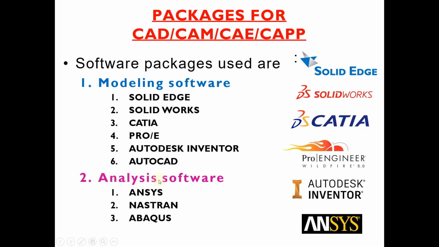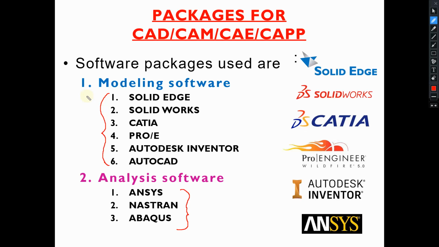Again, we have analysis softwares like ANSYS, NASTRAN and ABAQUS, which are also licensed versions. Similar to these, for both the modeling softwares and the analysis softwares, there are many softwares available which are freely downloadable and which are open source. If you search the internet, you can find a lot of similar open source softwares.